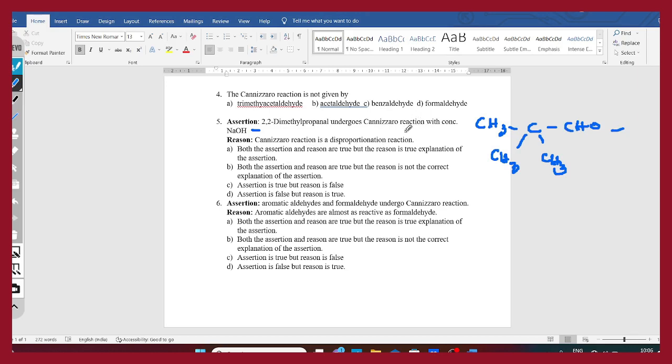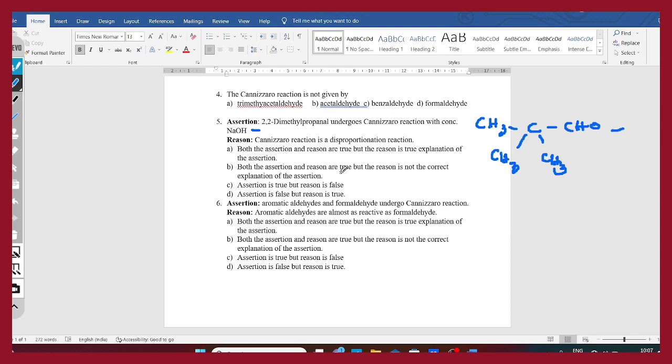Whenever you answer assertion reason questions, you should understand the concept properly, then you are able to answer correctly. See here, what are the options given? Both assertion and reason are true, and reason is a true explanation of the assertion.